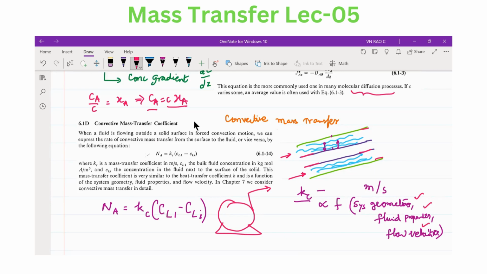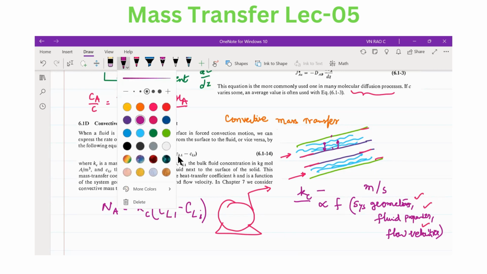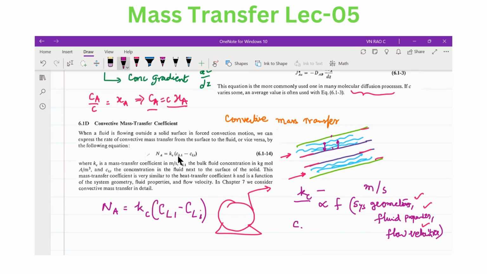We have another term, CL1, the bulk fluid concentration, represented in kg moles of A per meter cube.